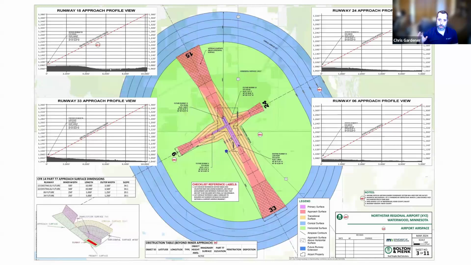This is the airspace that we want to protect, the ultimate conditions that we're planning for. So it's important to make sure that the zoning that we're going to show later in the ALP aligns with and protects what we're showing on the ultimate airspace sheet here.